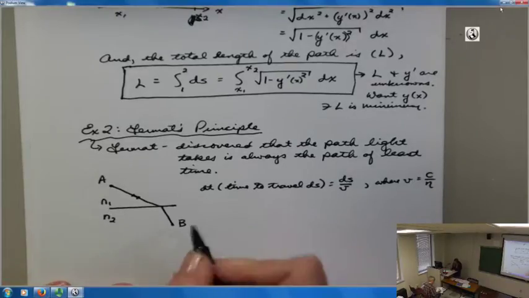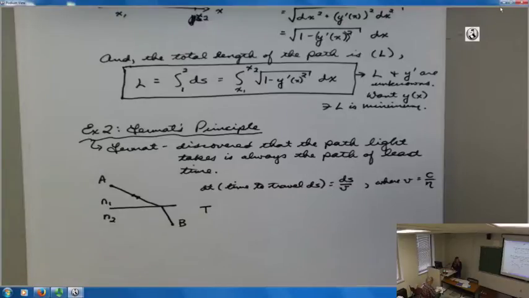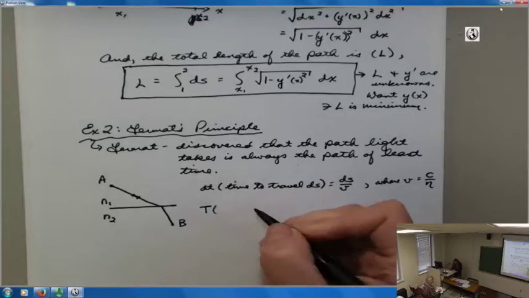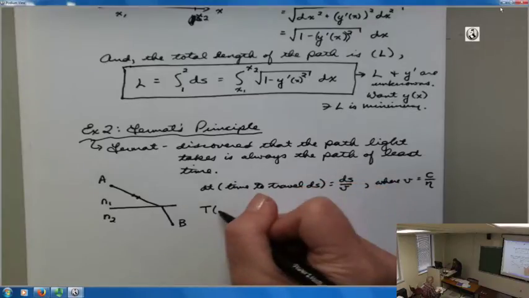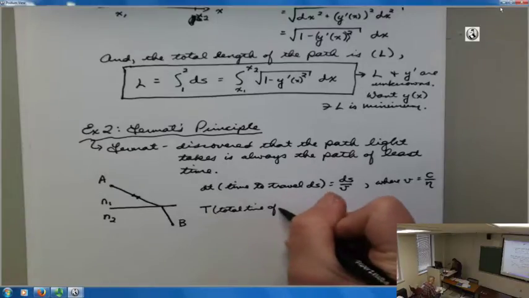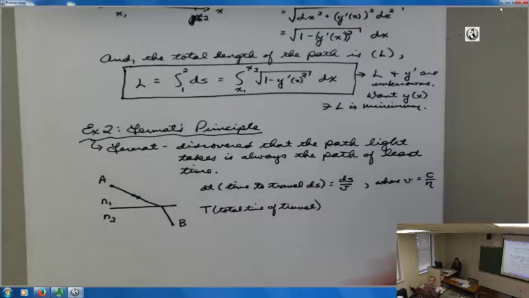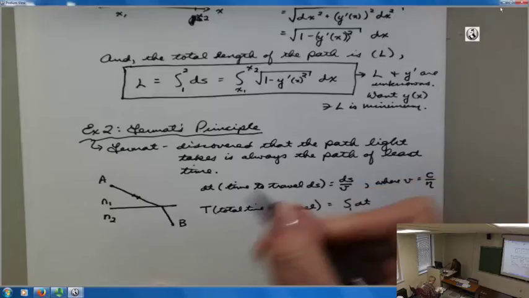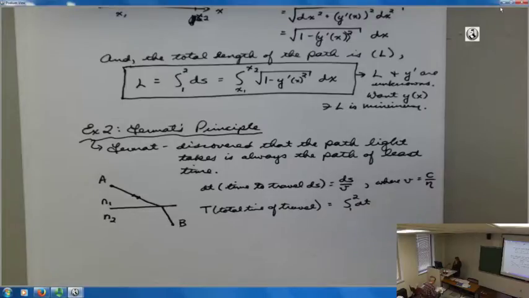So in this case, the time it takes to travel the entire length, we'll use a capital T for that, the total time of travel. That's going to be the integral over the dt from, I should have said point A to point B, but your author actually uses 1 and 2, so I'll kind of mix it up here a little bit.